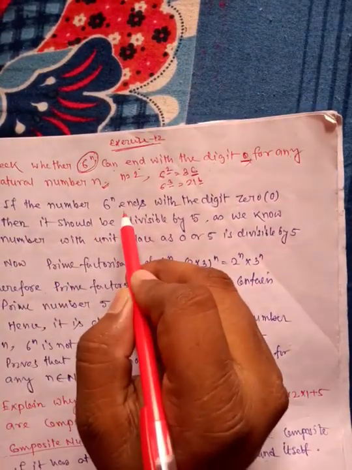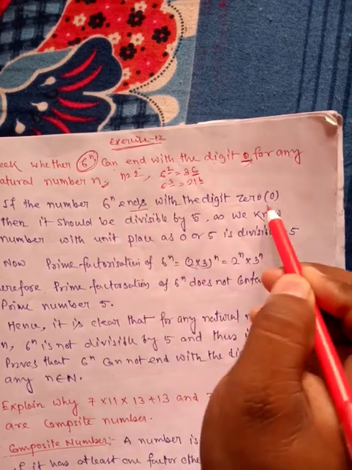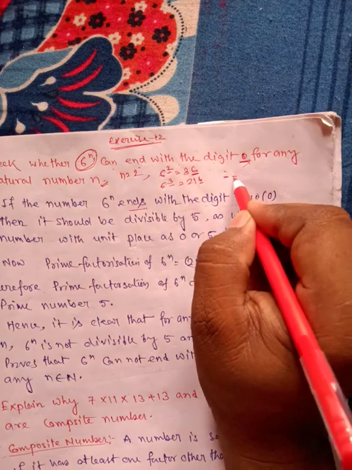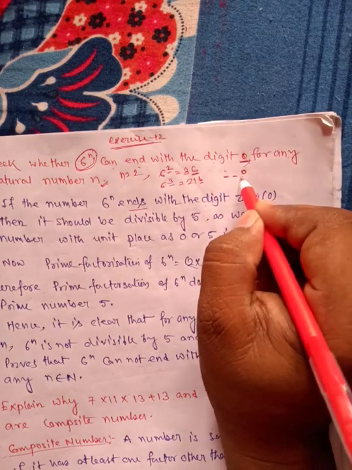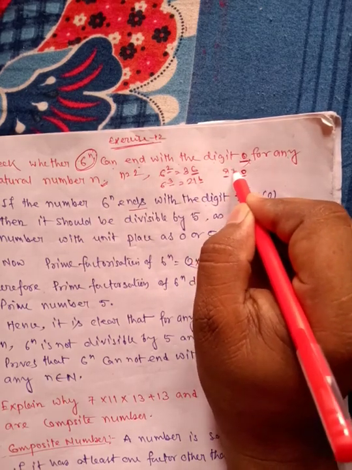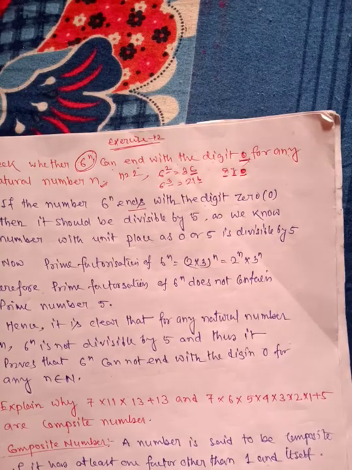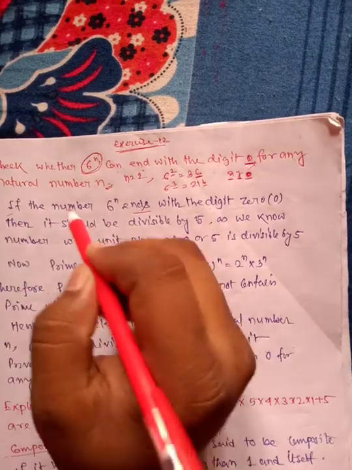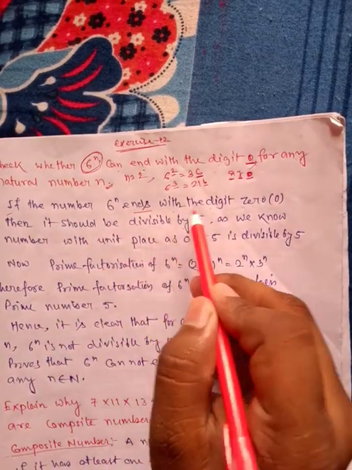Now if the number 6 to the power n ends with the digit 0, that means the number is formed like this, x, y, and the last digit will be 0. If possible, I assume that 6 to the power n ends with 0.